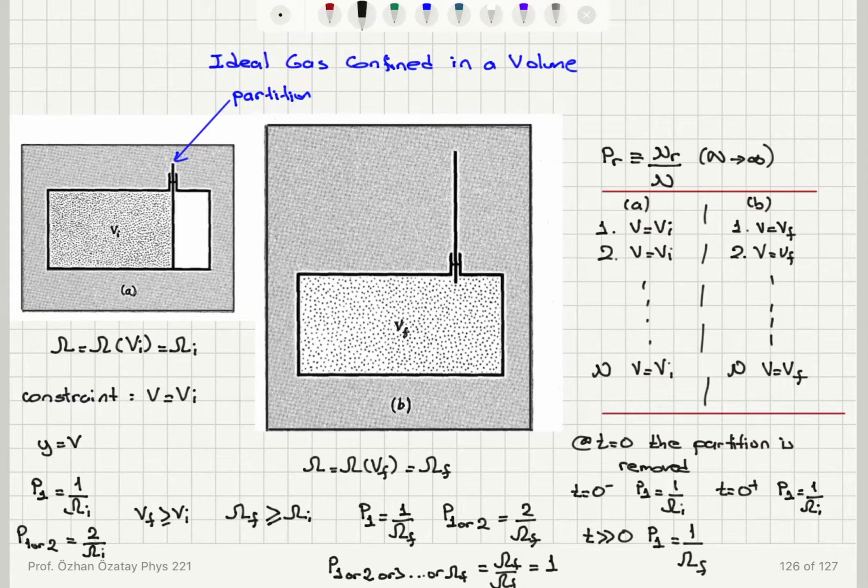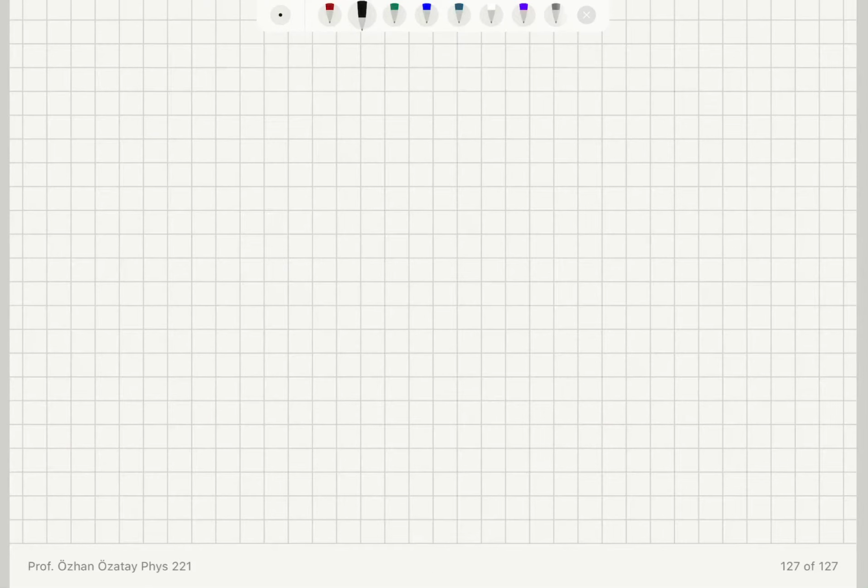Now, regarding these number of accessible states, I would like to make a quick calculation in order to have a more concrete answer for the number of accessible states. So first of all, I have an isolated system for this ideal gas that is inside the container. The total energy of the gas, initial total energy and final total energy, will be the same.